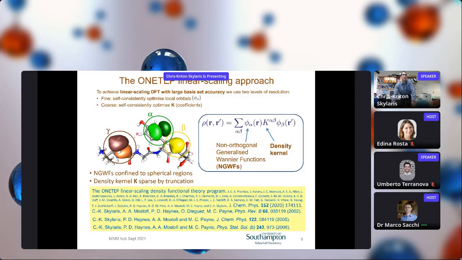So these colorful shapes here are the NGWFs. These are optimized inside the calculation, inside the chemical environment, and the coefficients that connect them are called the density kernel. This is the coarser level of resolution that connects this minimal set of generalized Wannier functions.